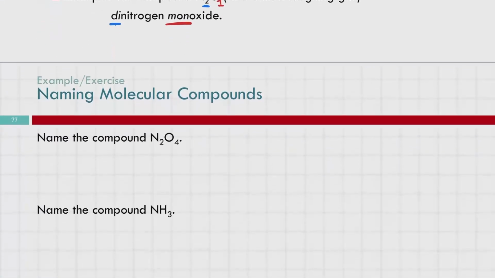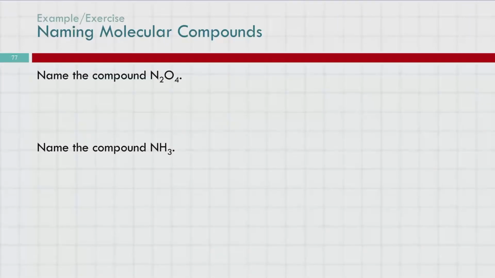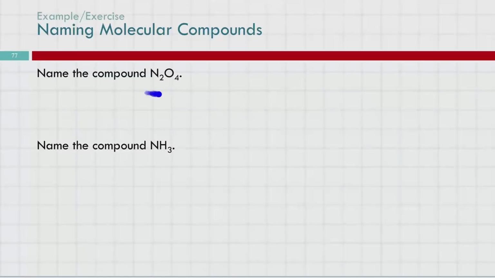And that's molecular compounds. So let's name some molecular compounds. First we have N2O4. So naming N2O4, what is our first element? First element is N, which is nitrogen. How many nitrogens do we have?